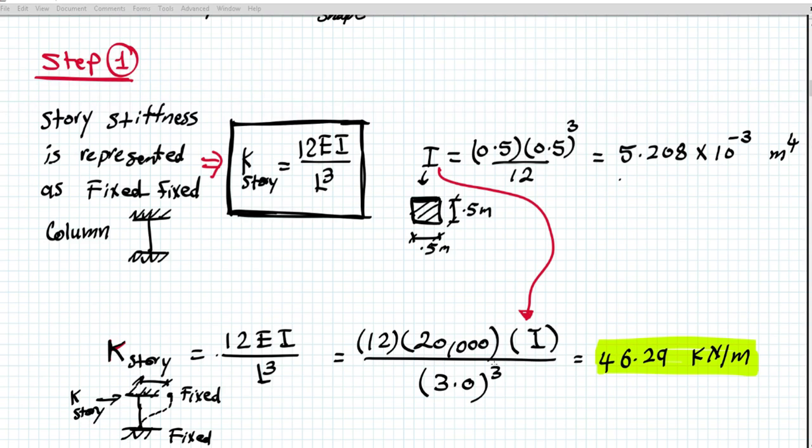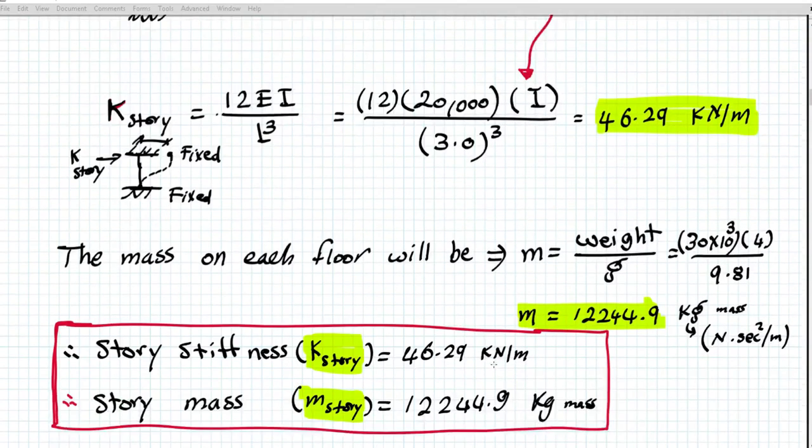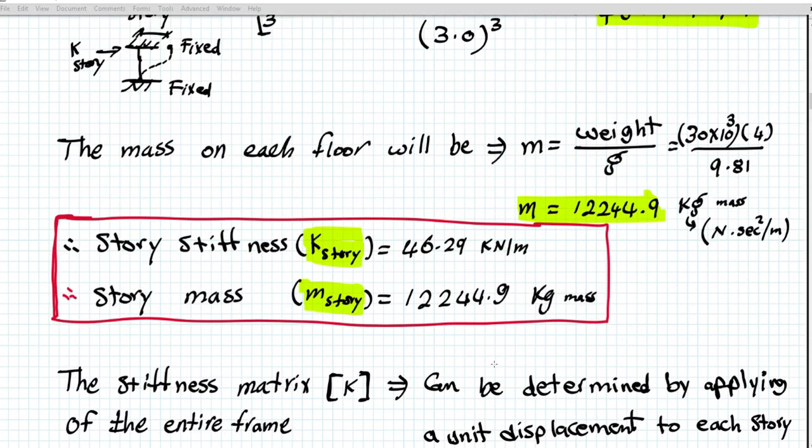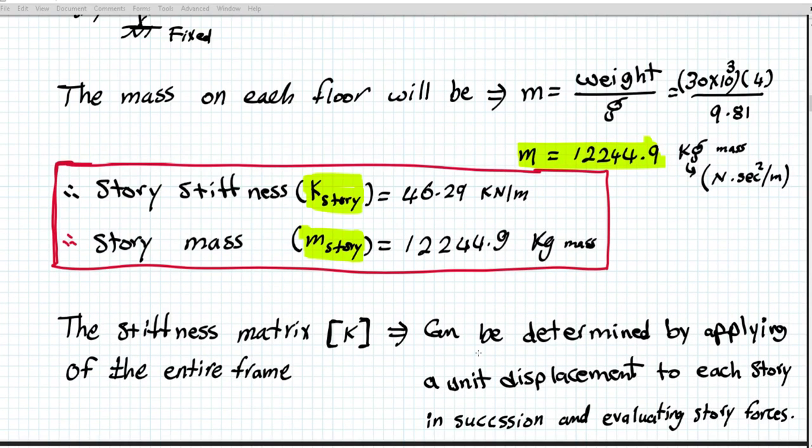Now let's go and see the next part, which is the masses in floors. So here we have the mass on each floor, which is m, equals weight over the gravitational acceleration.